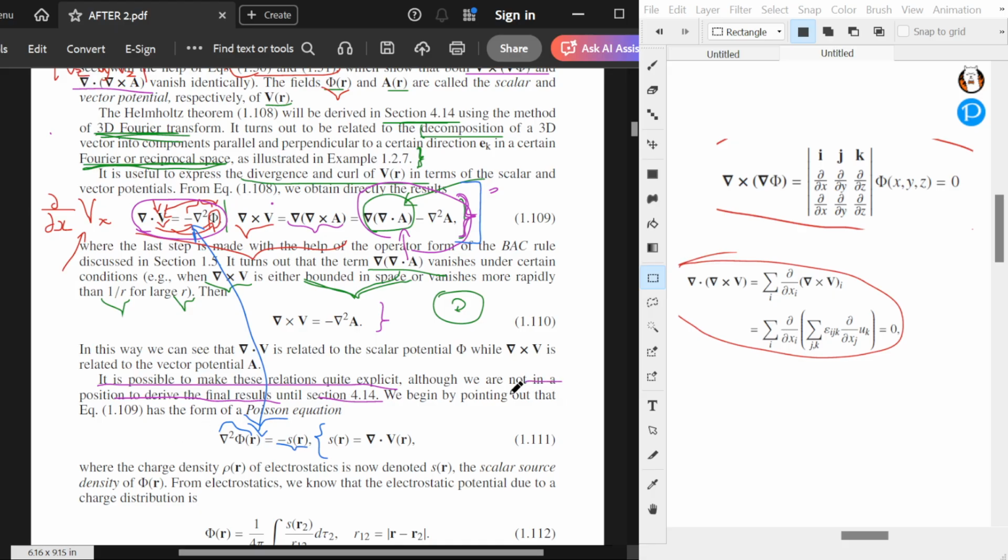We begin by pointing out that this has the form of Poisson, where the charge density of electrostatics is now denoted as S of R, the scalar source density of phi.